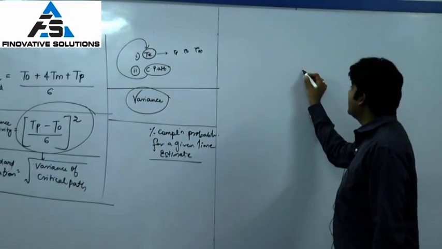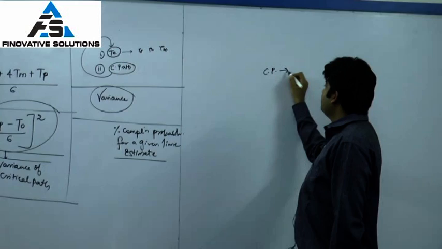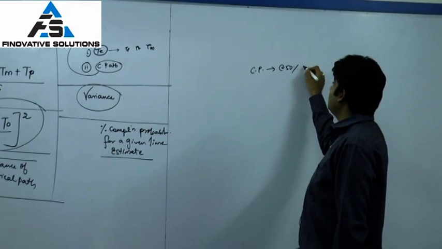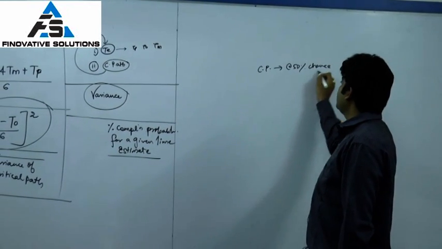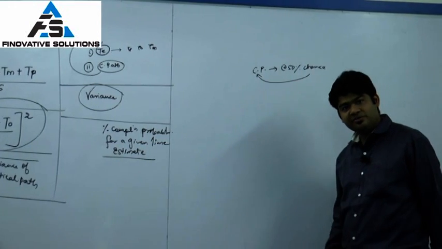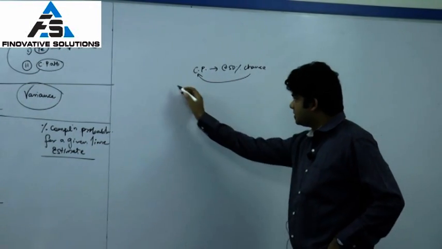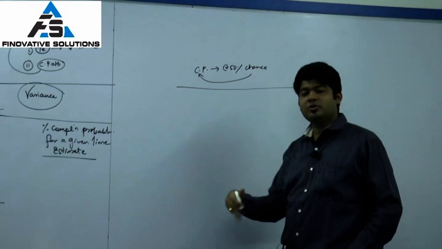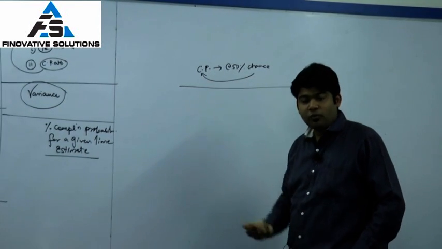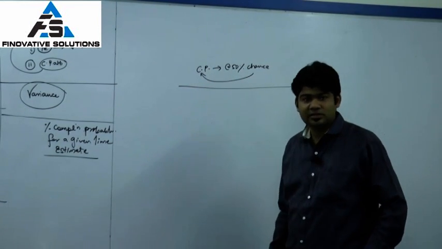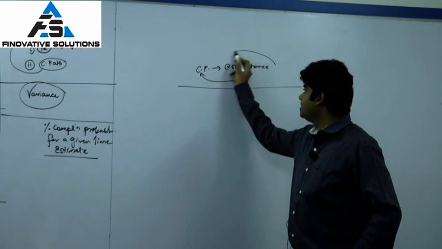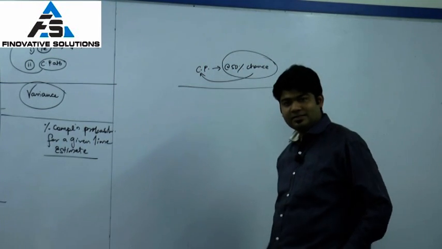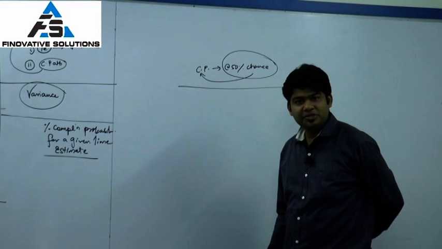So whenever we get the critical path, it will have a 50% chance of being completed in that particular time duration. What if the time duration is increased? What if it is decreased? Then obviously there will be an increase or decrease, as the case may be, in the percentage completion as well.